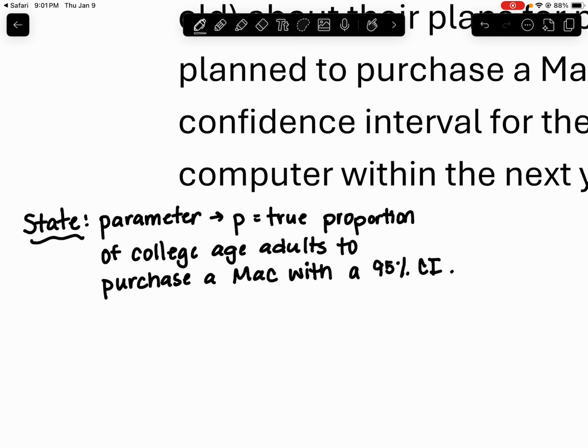Second thing we have to do is plan. We have to make sure all of those conditions are met. For this, the last thing we did, we're going to do a 1 sample z interval for p, because only one set of data, 1 sample, was given.